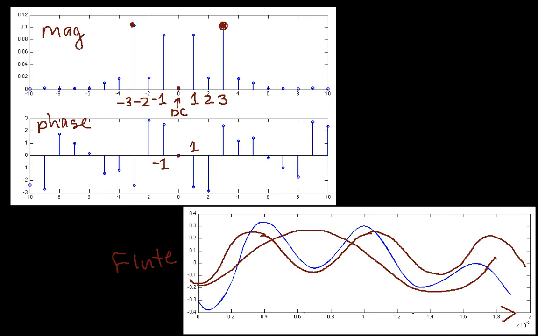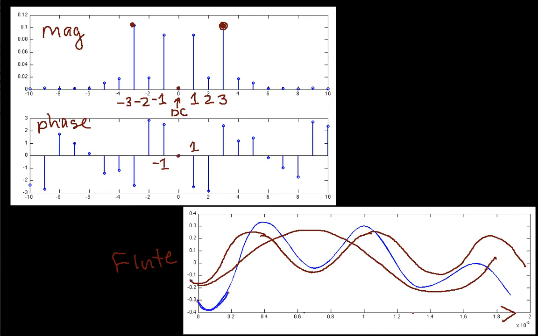And what I can do then to start to reconstruct the flute signal, which again is this dark blue thing, is add the first harmonic to the third harmonic. And when I add them together, I'll get something that might look something like this.